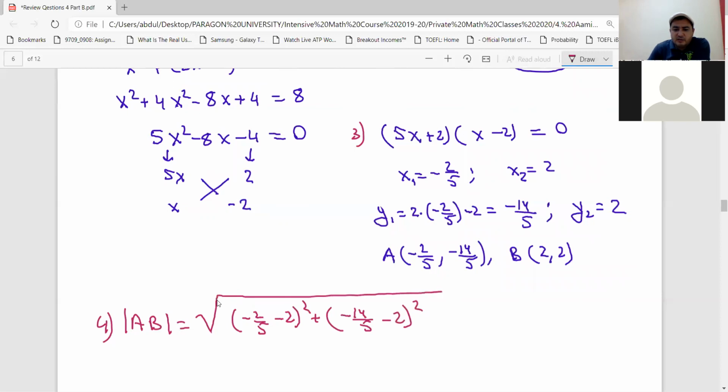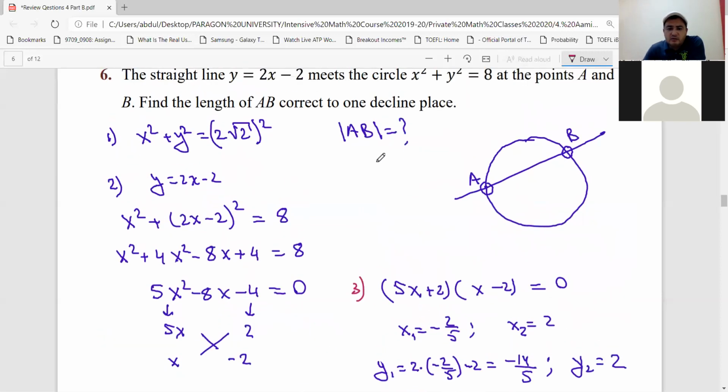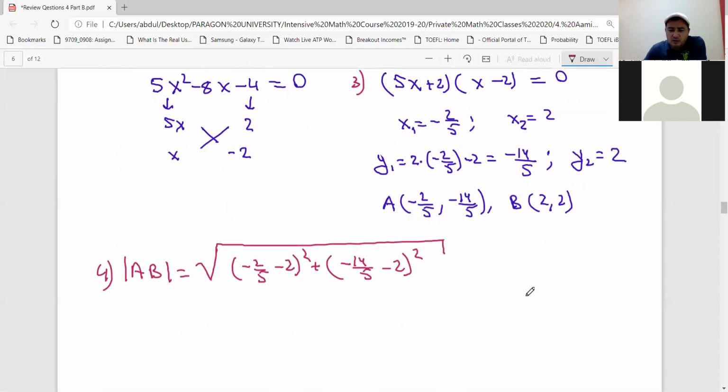Since the question says to leave your answer correct to one decimal place, that means you are allowed to use a calculator. Using a calculator, we can evaluate this. The first one is 12 squared, 144 over 25, plus this one is 24 squared, so that is 576 over 25.